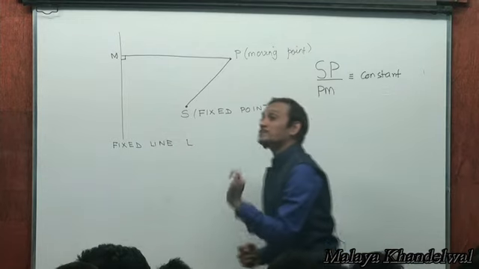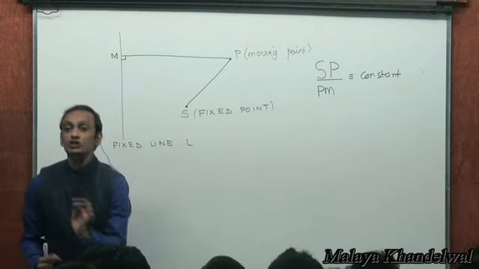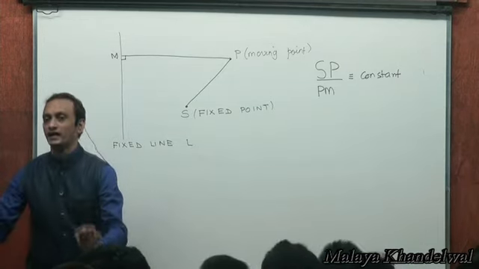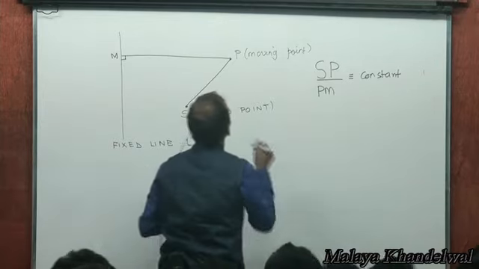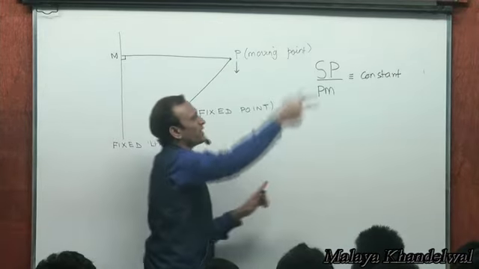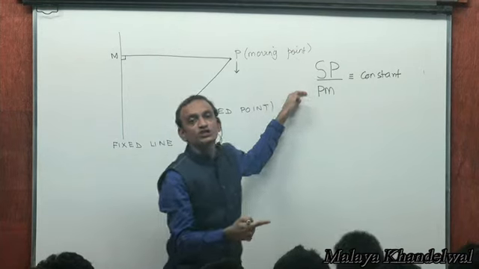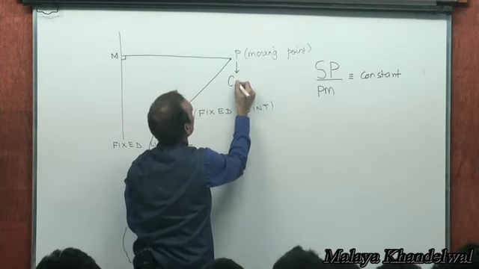The path traced by this moving point subject to this condition is referred to as a conic. The path traced by this moving point keeping this condition intact is called a conic.